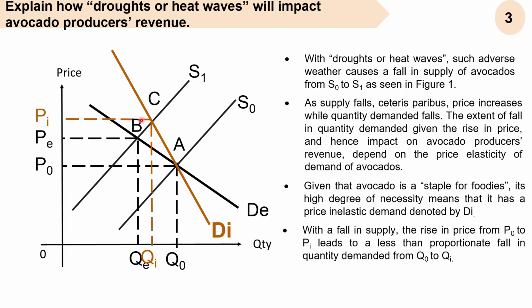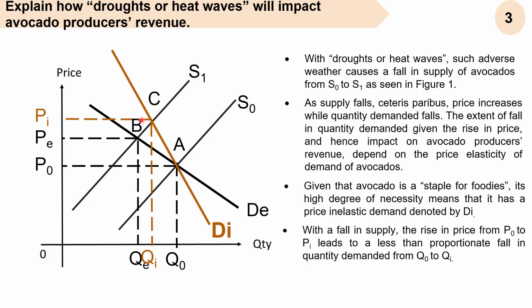That's your point C. Why do I need to label all this? It's so that when I write my diagrammatic analysis, you can tell the examiner which triangle or which rectangle you're referring to. If not, how are you going to express it? You will be shading the initial total revenue or using a highlighter to shade it, which is very messy.